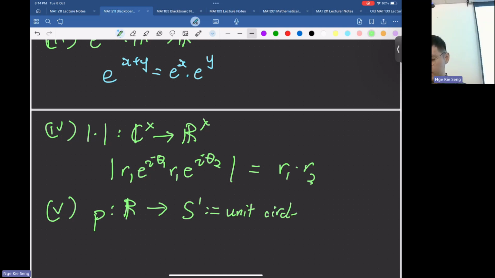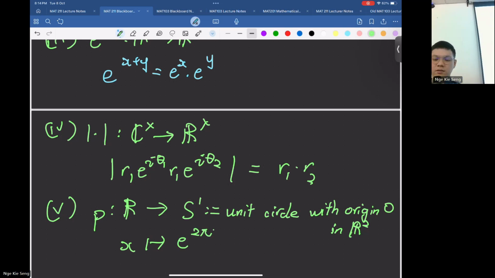Let's consider the unit circle with origin 0 in R2. So how to parameterize this circle? x going to e to the 2 pi i x. Should we consider it in C instead? Let's put it in C first.